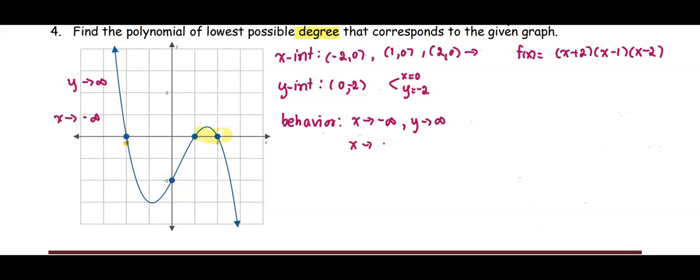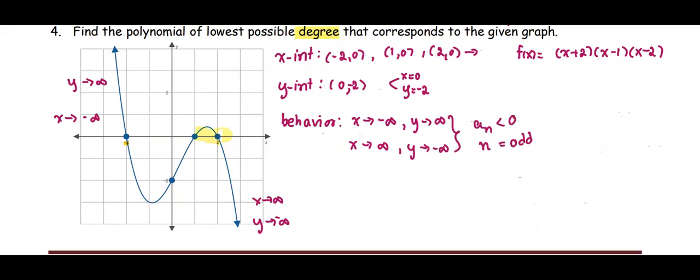As x approaches +infinity, or the right end of the graph, y approaches -infinity. This information tells us that the leading coefficient a_n will be a negative number, so less than 0, and the n, which is the degree, is going to be an odd power.